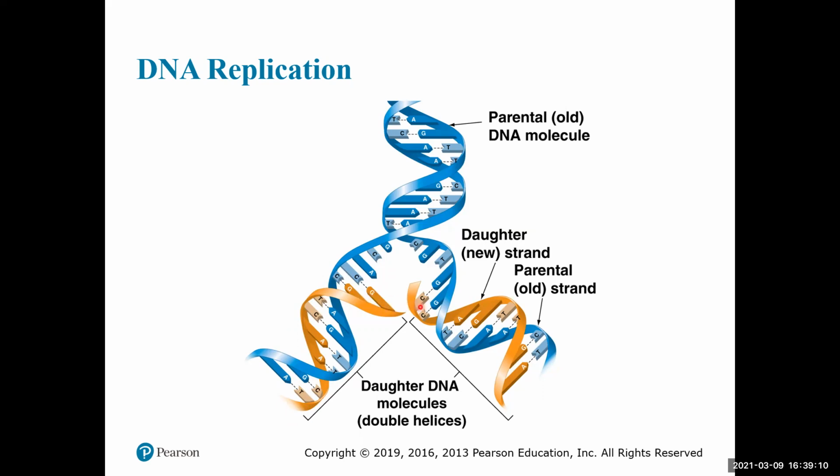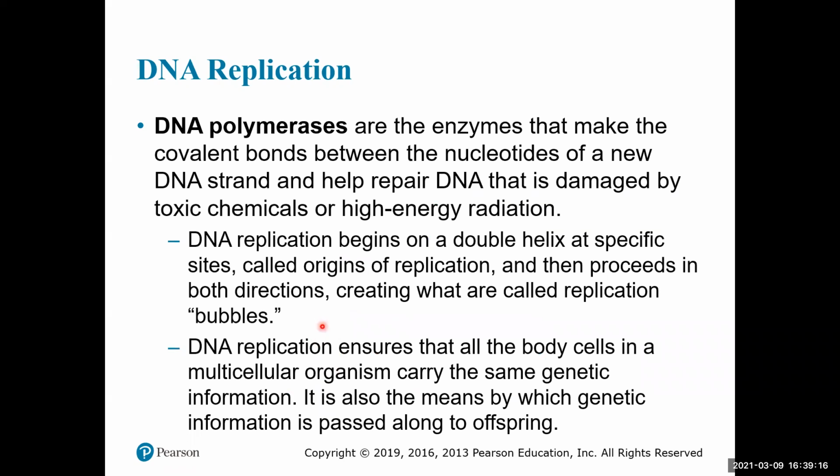And what actually builds these daughter molecules are several different enzymes. For example, DNA polymerases are the enzymes that will go in and make covalent bonds between the new nucleotides, so the covalent bonds between the nucleotide of the daughter strand and the old parent strand.